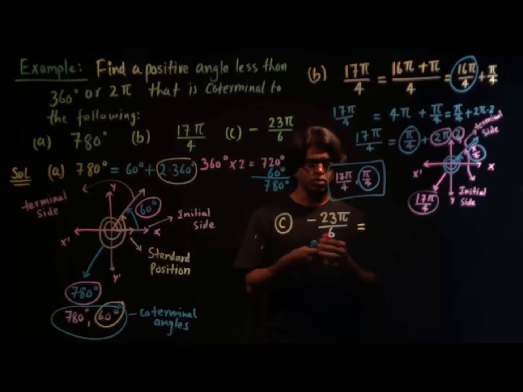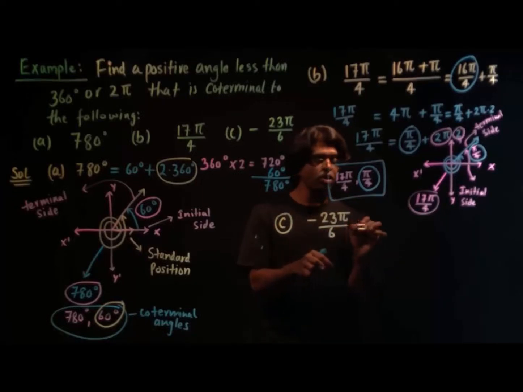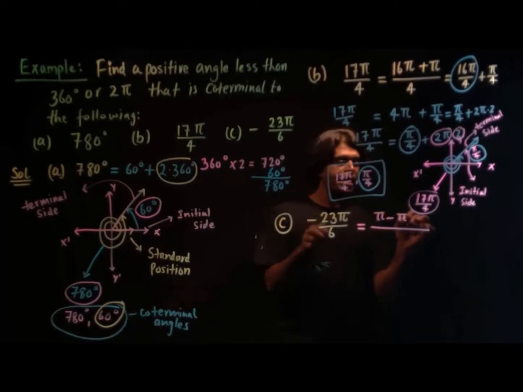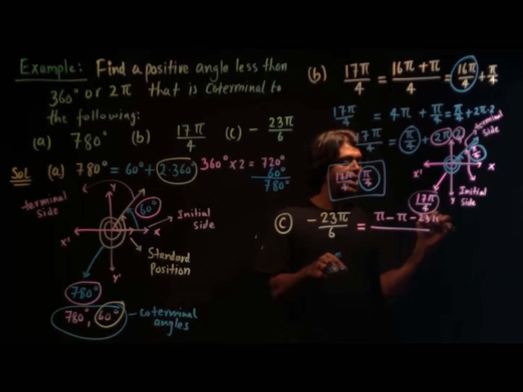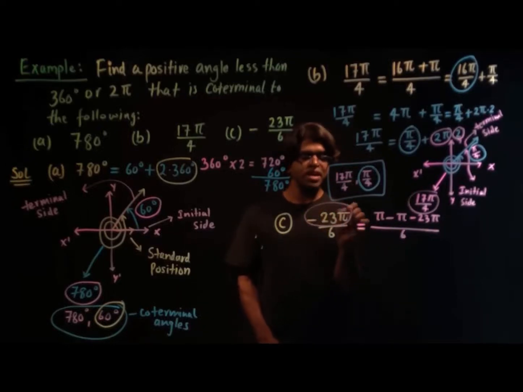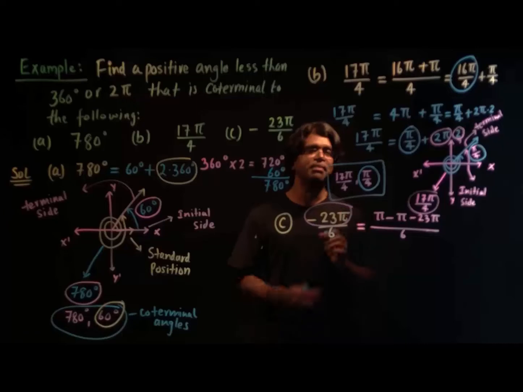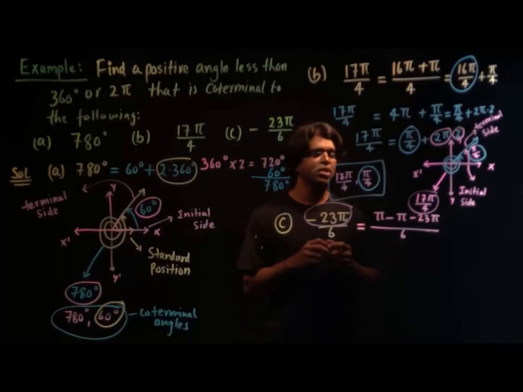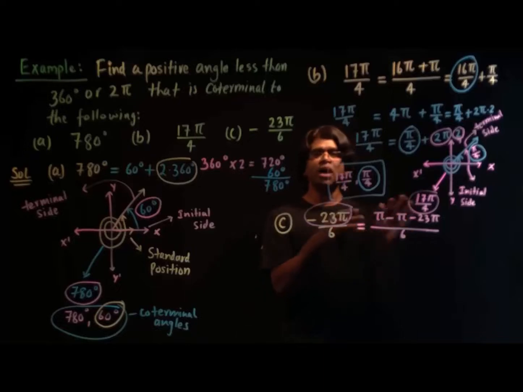So I'm going to write this angle as pi minus pi and then negative 23 pi over 6. As you can see, I'm adding and subtracting pi with this numerator. When you add and subtract the same number, it does not change the overall value of the expression. So that's what I'm doing. I'm not doing anything different.